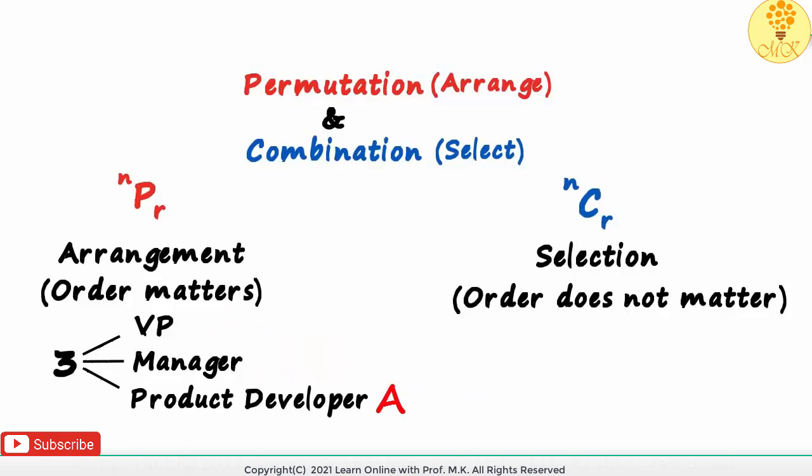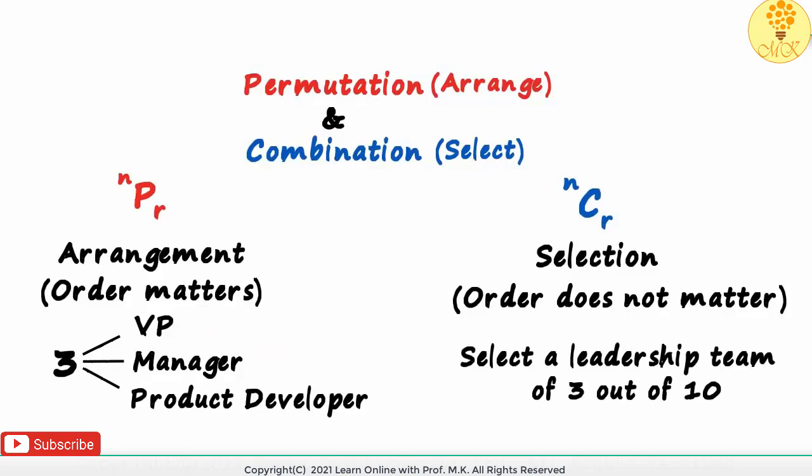Or maybe A is chosen as a product developer, B as vice president, and C as a manager. Each case is different. On the other hand, if we are asked to select a leadership team of 3 out of 10 and told nothing else about it, then it is a case of combination. The order does not matter. Selecting A, B, and C is the same as selecting B, C, and A or C, A, and B.